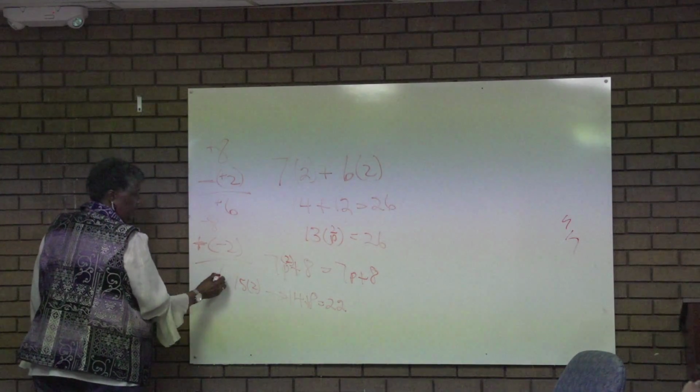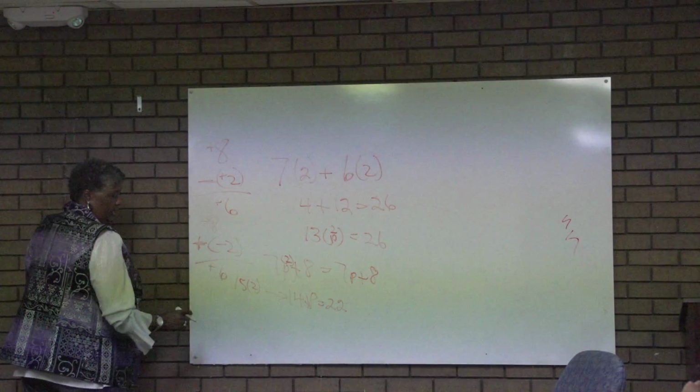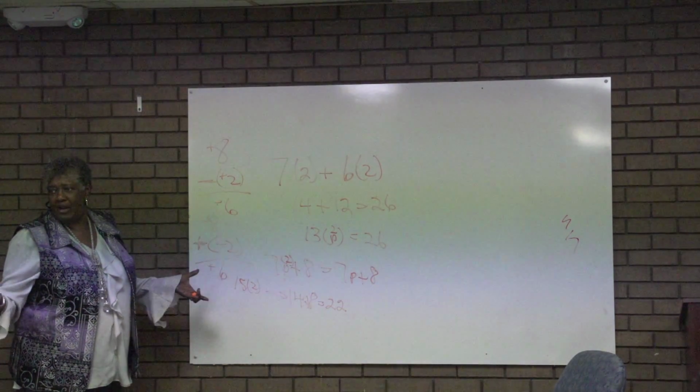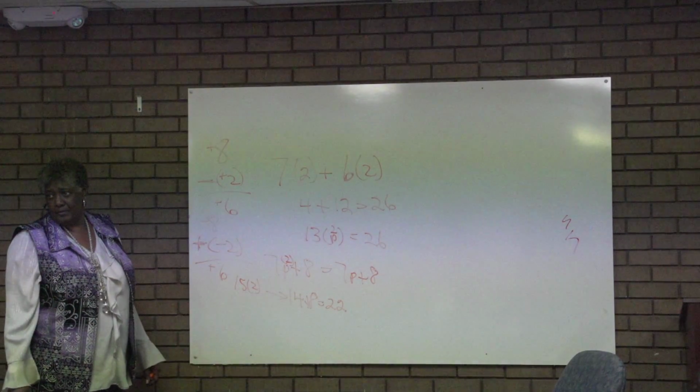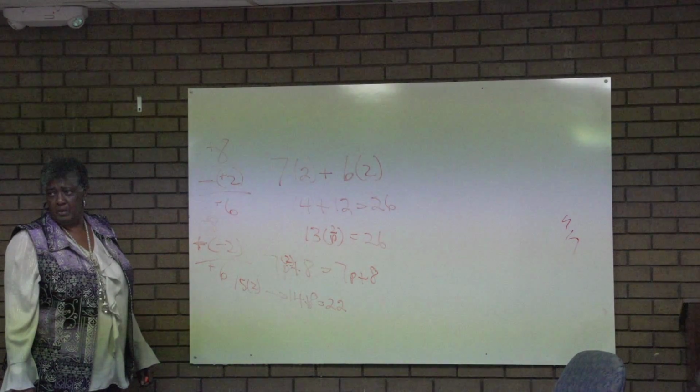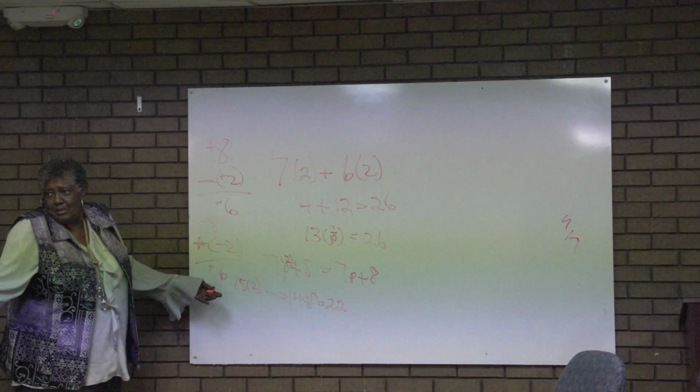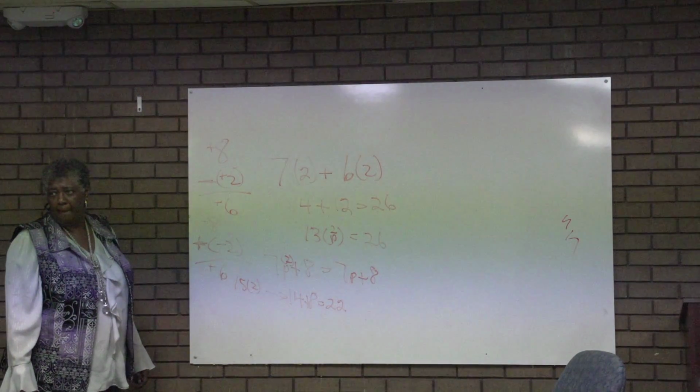You subtract the smaller from the larger, keep the sign of the larger. So it doesn't matter what you think about. A negative sign and a subtraction sign are the same. You don't need to get confused with them. You're either adding a negative or you're subtracting a positive. It's still going to give you the same answer.